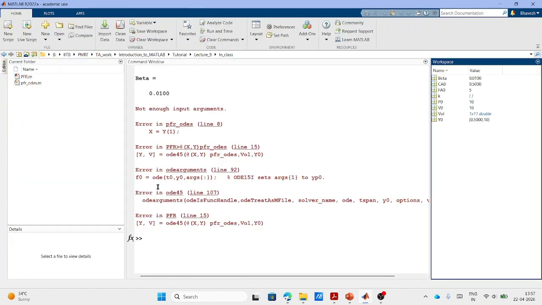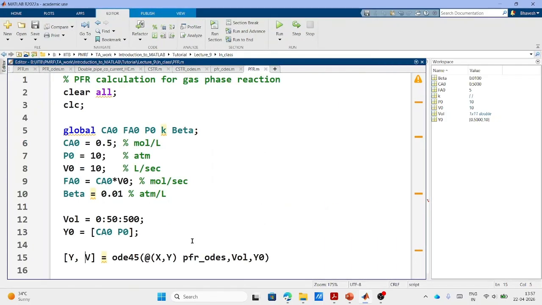We have got some error, which is PFR ODEs, not enough input arguments. Why?